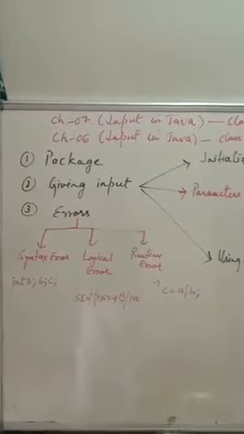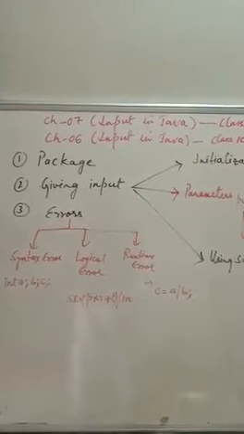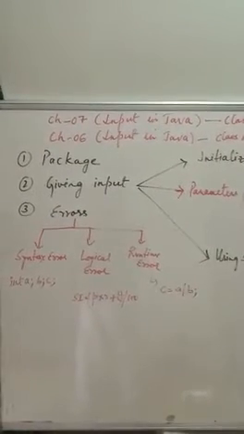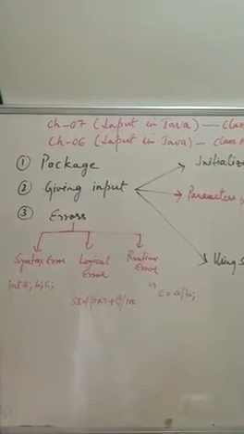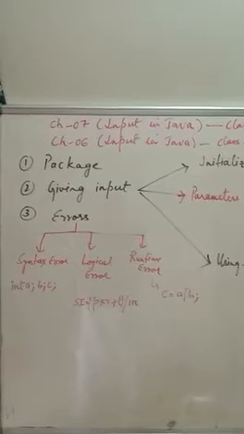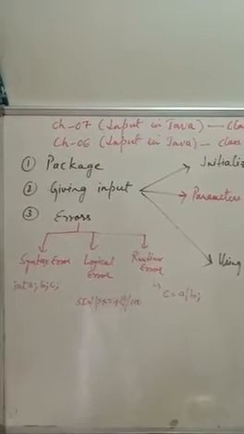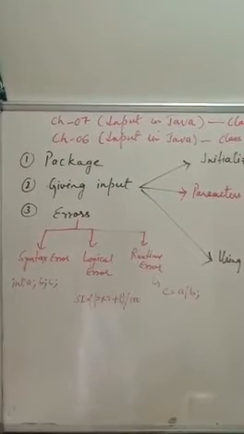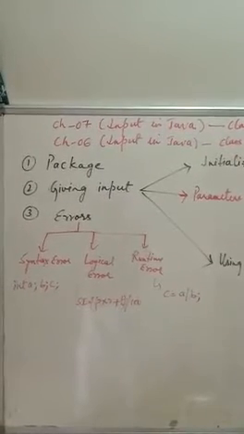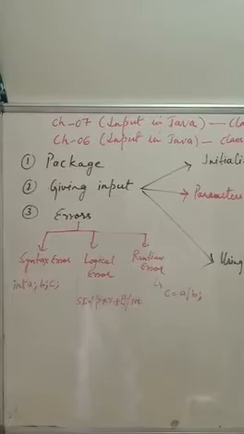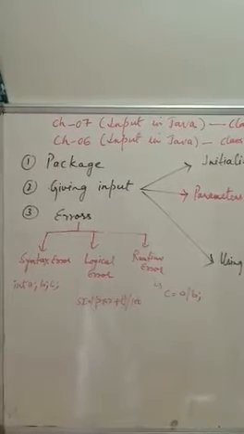Moreover, we can also create our own package. We use the import statement to refer to classes defined in other packages. For example, we can write import java.io.*. After writing this statement in our program, we can use any class defined in the java.io package. This way, we can use packages in our program.